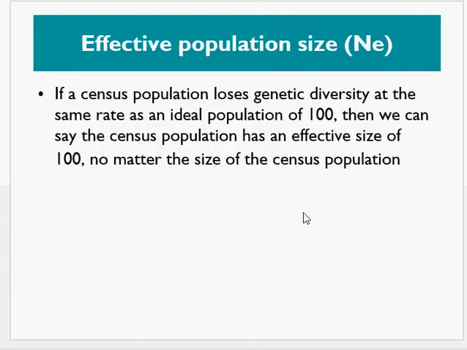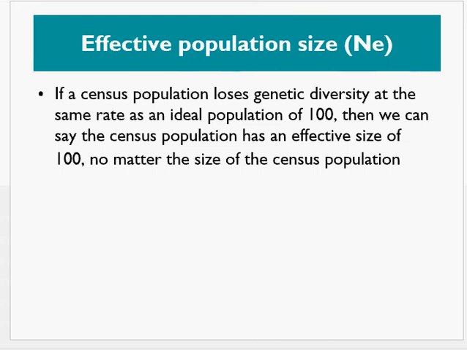So if the census population, or the total overall population, loses genetic diversity at the same rate as an ideal population of 100, then we can say the census population has the effective size of 100, no matter the size of the census population. So what that means is basically it doesn't matter what the number of individuals in the population is.